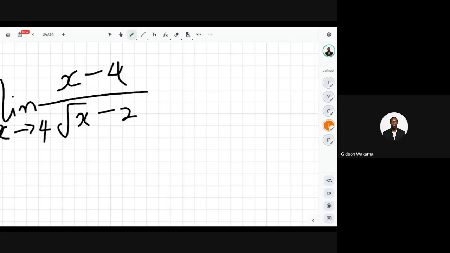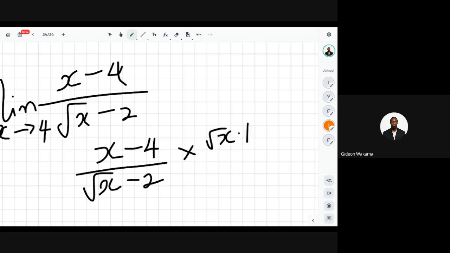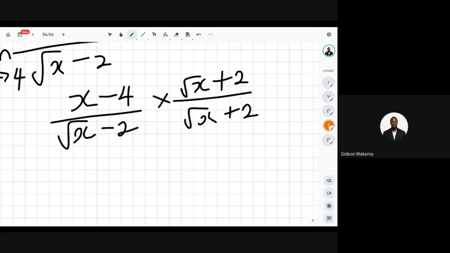So we just multiply by the conjugate. We rationalize by multiplying by the conjugate. So this would be root x plus 2 over root x plus 2.